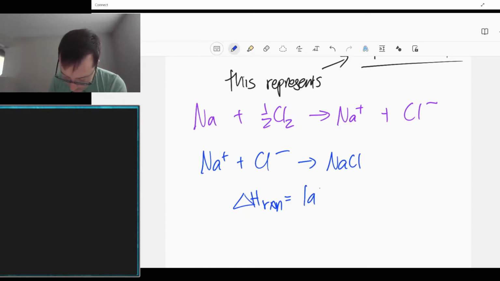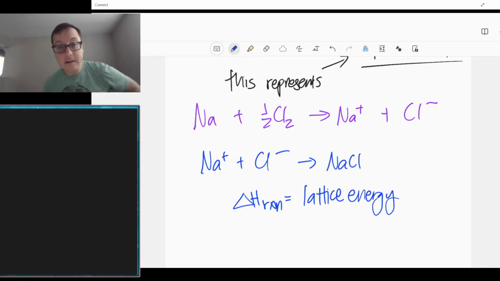is called the lattice energy. And this is the energy that is associated with having two ions come together to form a lattice. Right? A lattice is just a repeating structure. So it's going to show us how we typically see sodium chloride: sodium, chlorine, sodium, chlorine, sodium, chlorine, and so on.